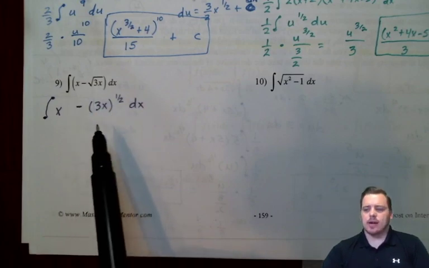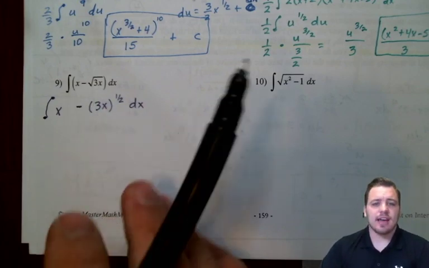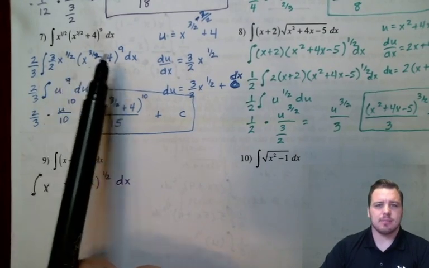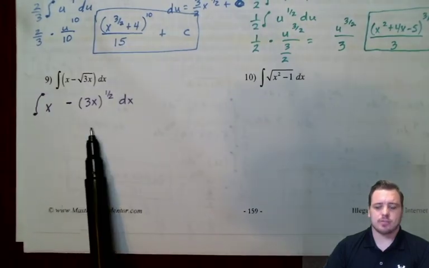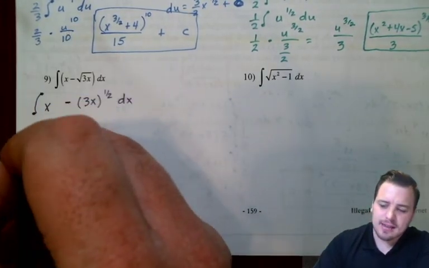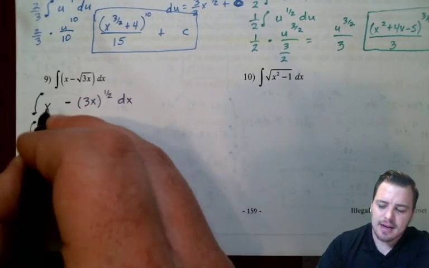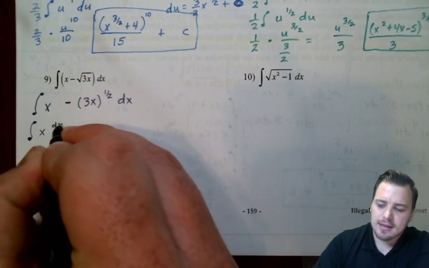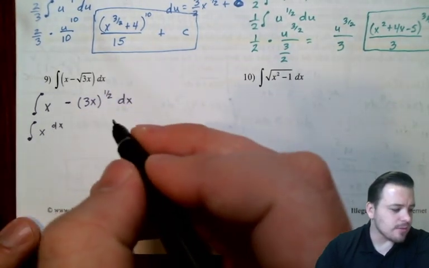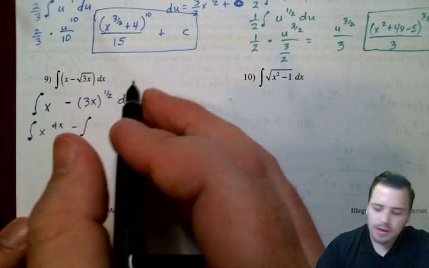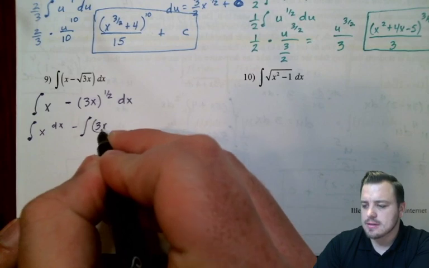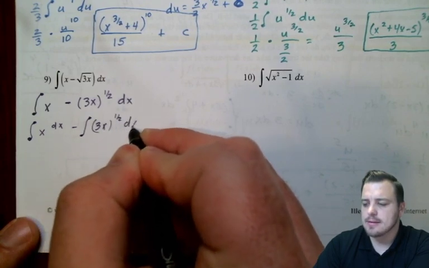And since this right here is subtraction, everything else we've done at that second step has been multiplication. So that's where I'm saying let's integrate the left side, so x dx, and let's integrate the right side, so minus the integral of 3x to the 1/2 dx.